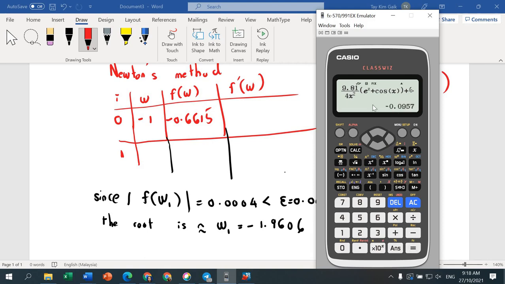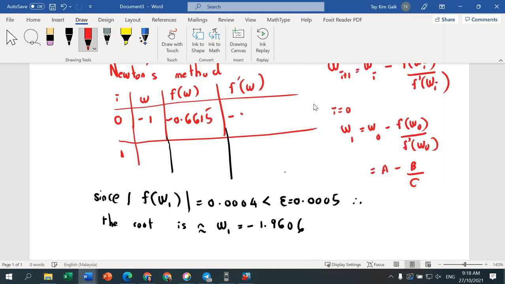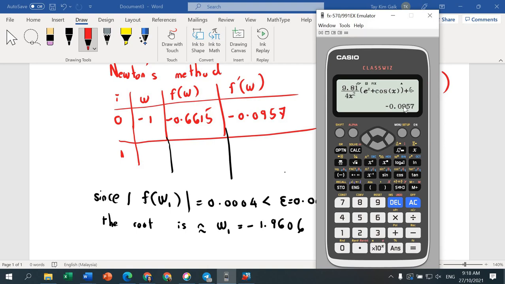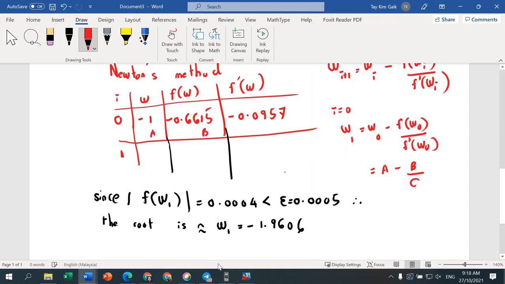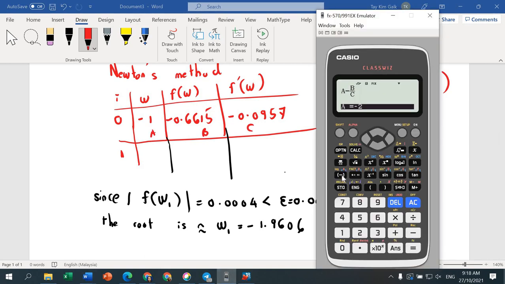Negative 0.0957. Okay, so now calculate again using the Newton formula. Here, calculate. This is A, this is B, this is C. A is -1, B negative 0.6615, C negative 0.0957.